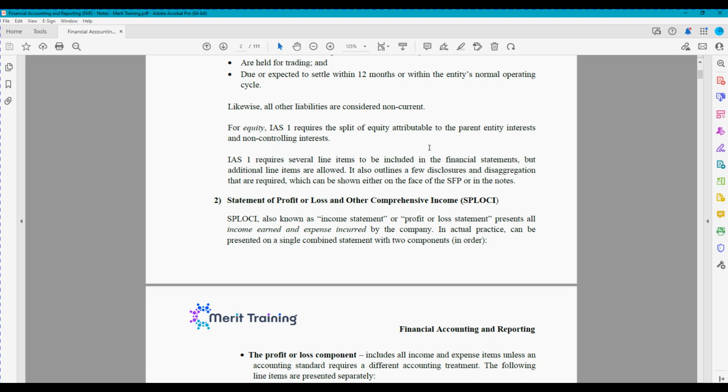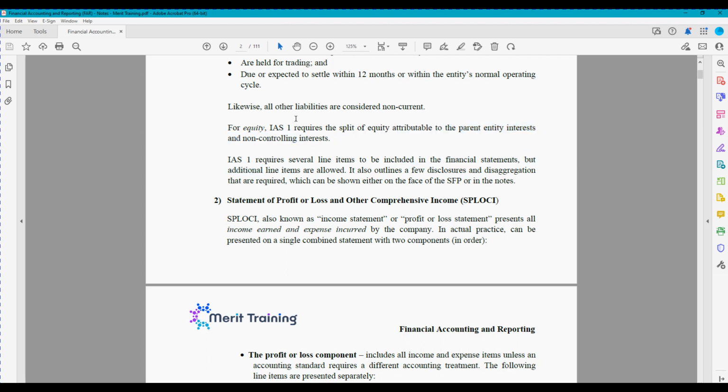They own a majority of it, so they would be the parent entity. But a non-controlling interest is one which is either less than 50% or doesn't have a controlling right in the business, like doesn't have control over the business. So if someone has 30% ownership, it's probably a non-controlling interest. Basically, you just have to split out the equity between the parent company, the majority owner, and the non-majority owner.